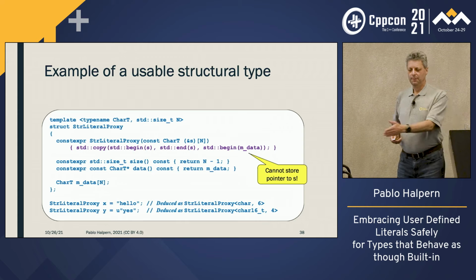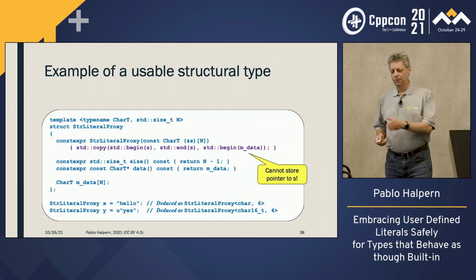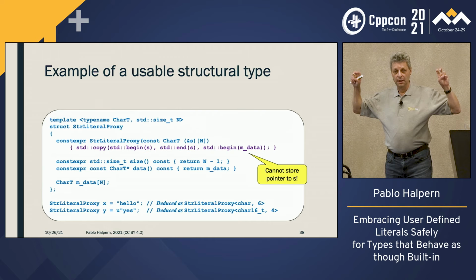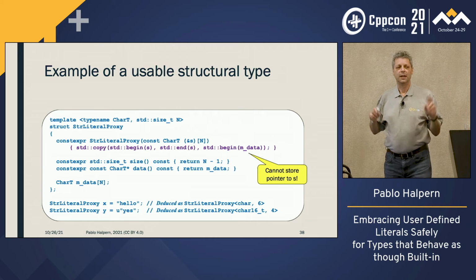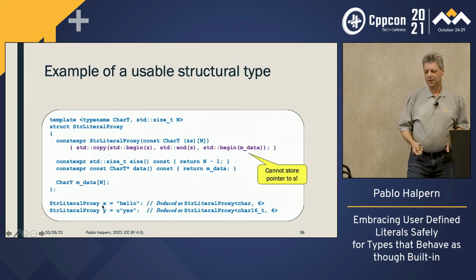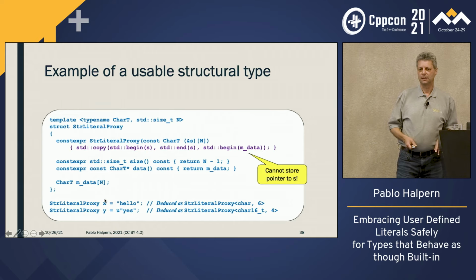And we see an example here of using this proxy type. We're initializing it with the string hello. Sorry, assigning is absolutely the wrong term. Because we are initializing it, and because notice here we did not specify the template arguments for str_literal_proxy, it deduces those template arguments.